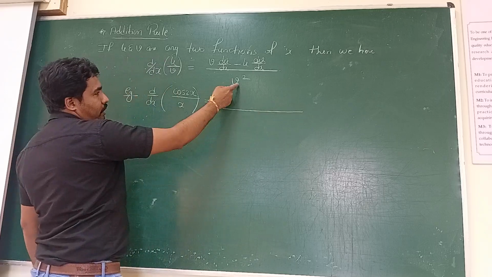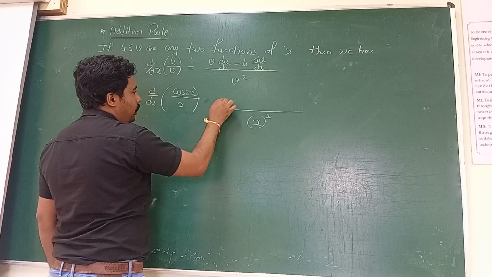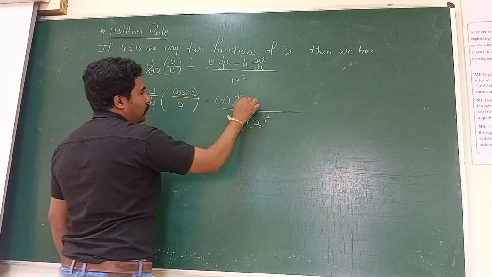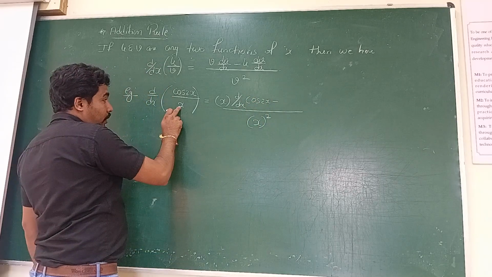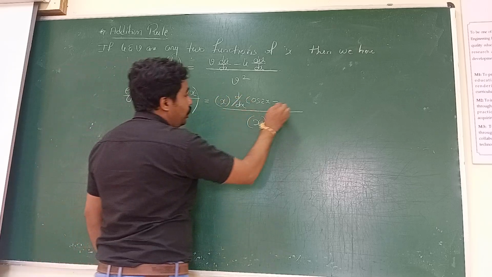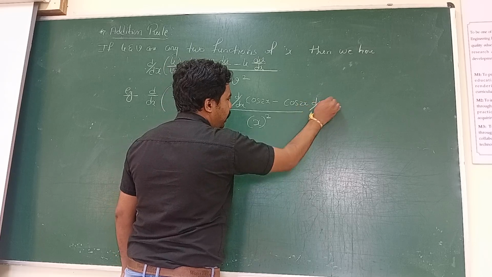The division rule says denominator square, denominator term into differentiation of the numerator, that is cos 2x, minus the numerator kept as it is and the denominator differentiated.